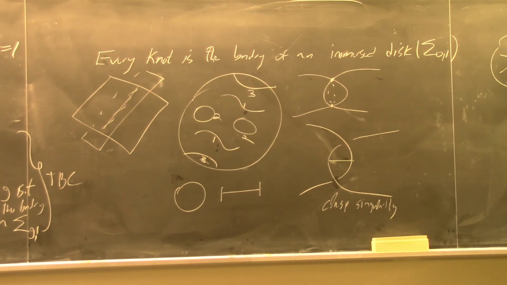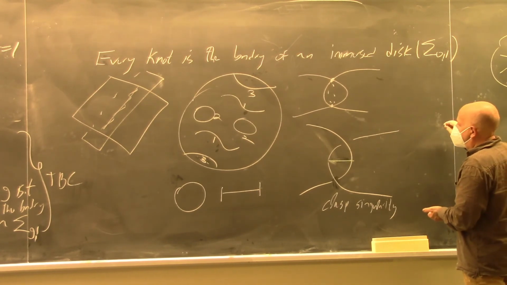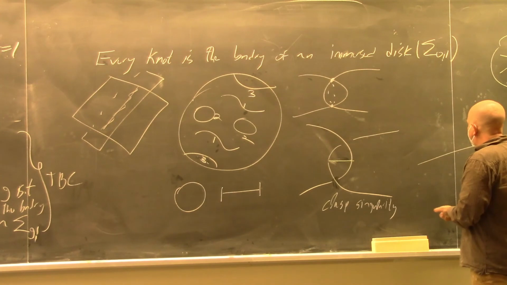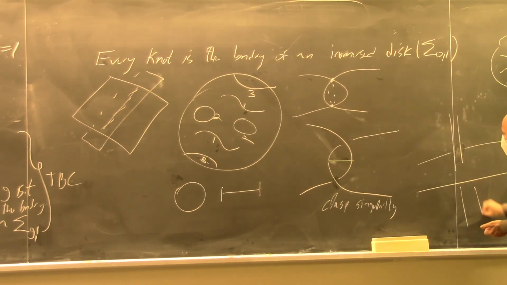And there is a second type, the so-called ribbon singularity. A ribbon singularity is a situation like this. So you have two bands, and they intersect by a green line here. What's the difference between the two? In the parameter space, both of these bands are parts of the same disk.